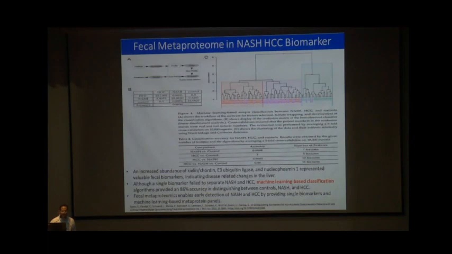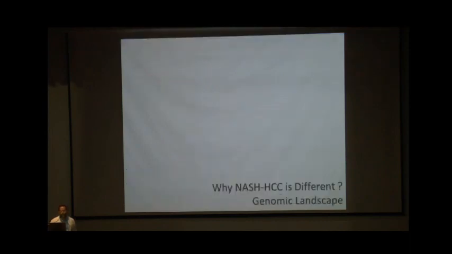That means if you get a stool sample and go for fecal metaproteome analysis, you can say that this NASH patient, this NASH cirrhosis patient, is going to develop SCC in future. So this is also a futuristic concept of analyzing stool, proteomics, and fecal gut microbiota to help in predicting them.